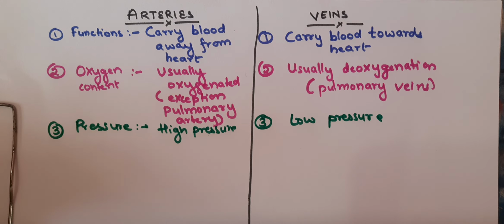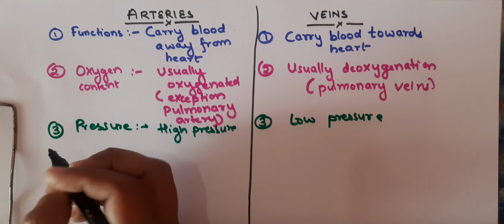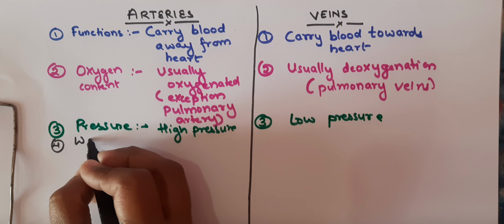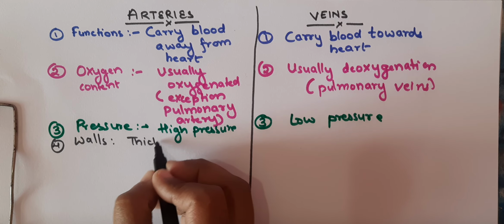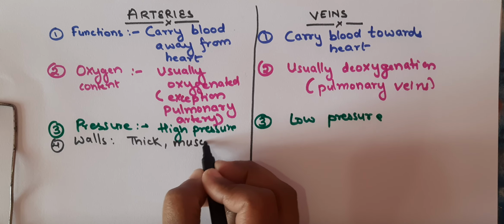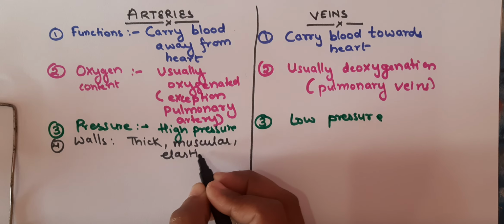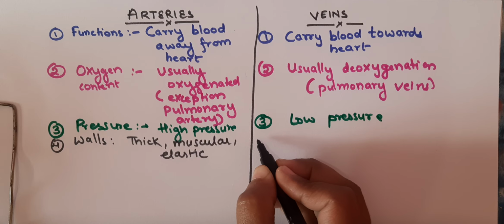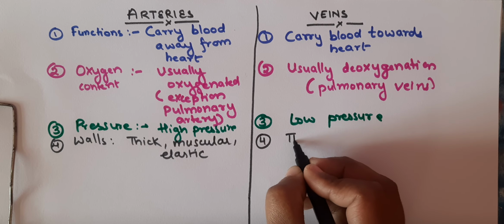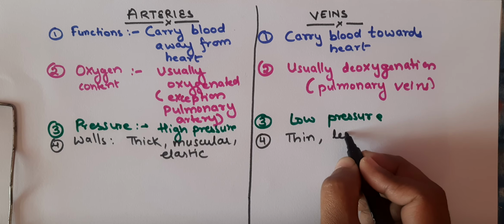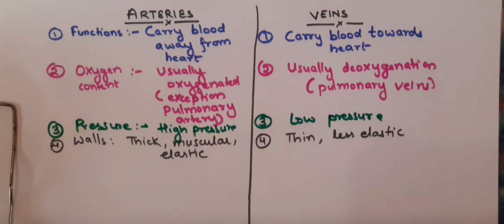Now if we talk about the walls of the arteries and the veins, then the walls of the arteries will be thick, muscular as well as elastic. Whereas if we compare it with the walls of the veins, they are thin and less elastic as compared to the arteries. So students, this is the fourth difference between the two.